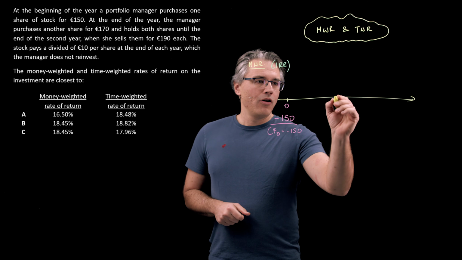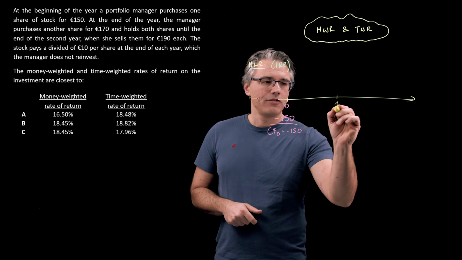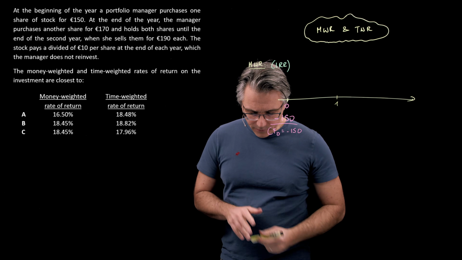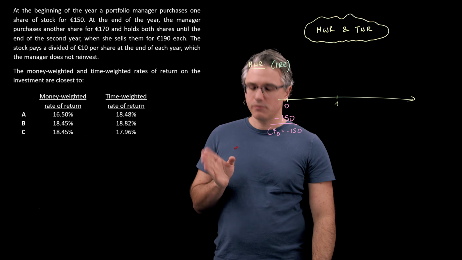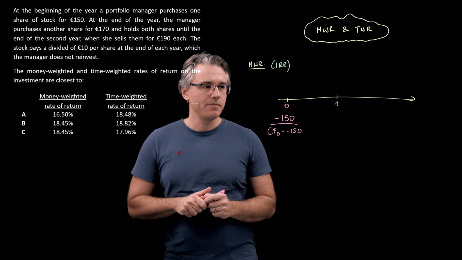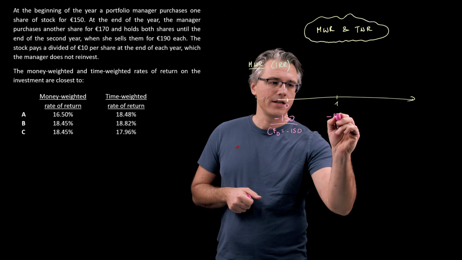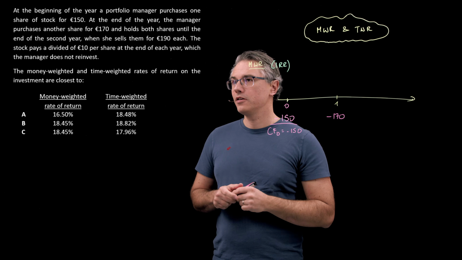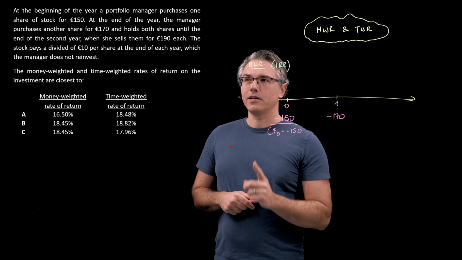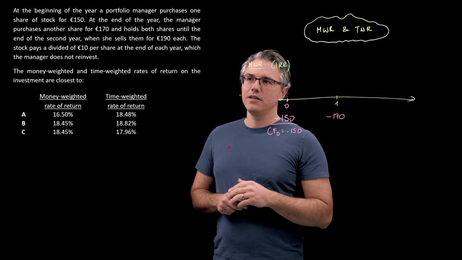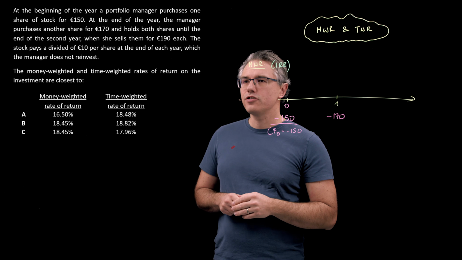Now, on the next date, that's time 1, there are two things which happen because we're told the manager purchases another share for 170, but the stock also pays a dividend of 10 per share at the end of each year.